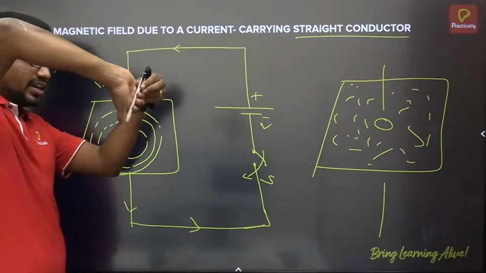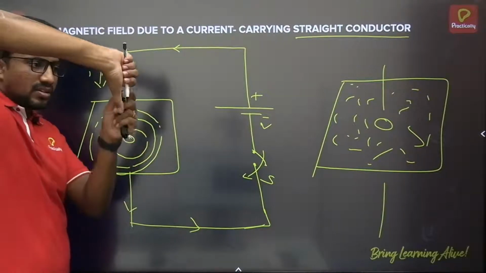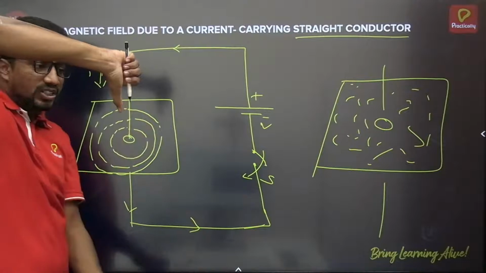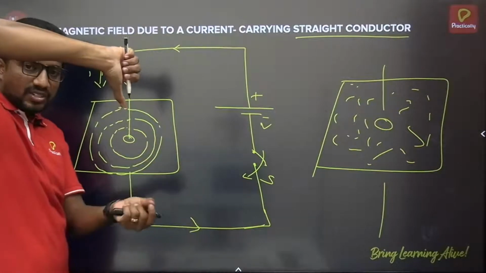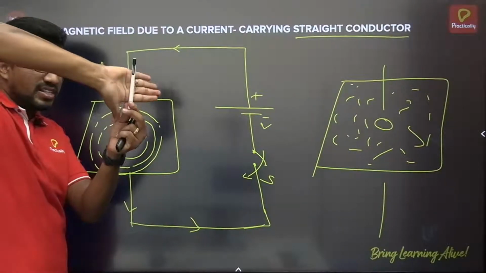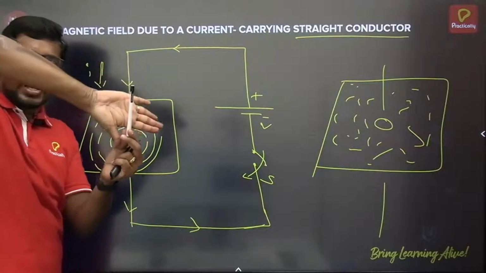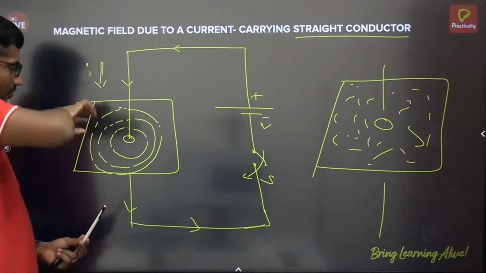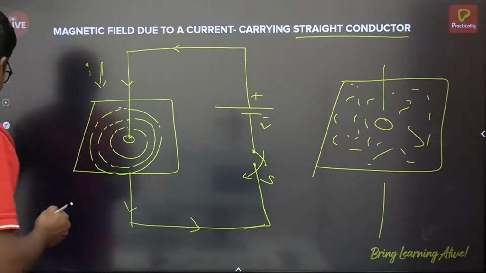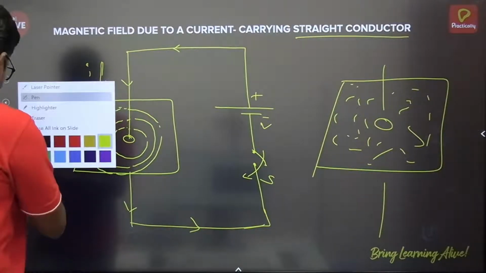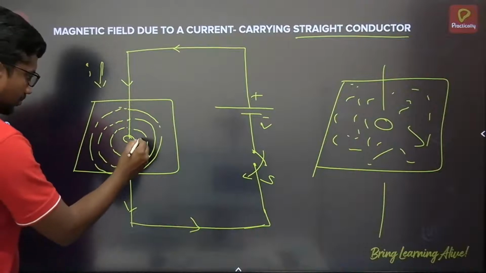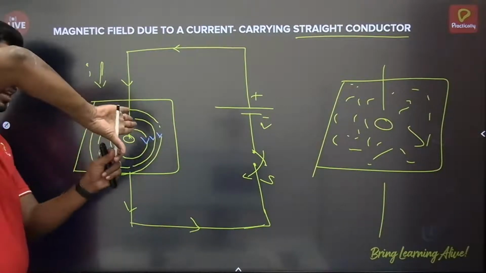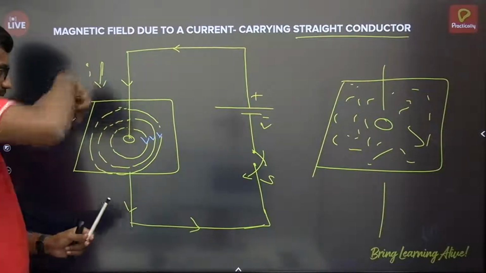I am holding like this, with the thumb along the direction of the current, downside. Then these curled fingers will represent the direction of the magnetic field, which means in this case the magnetic field lines will be like this.